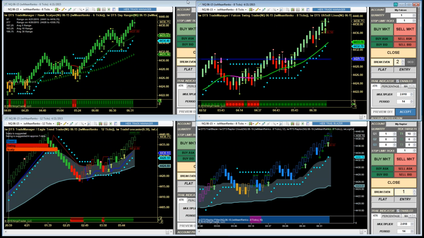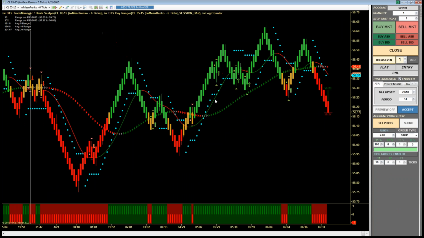Crude oil, a little wishy-washy this morning and also potentially heading lower. Here's crude oil. You can see this is on our Hawk scalper, a lot of yellow bars through here, which tends to give me pause. I try not to trade the market if there's too many yellow bars. And it looks like we may have just violated that lower trend line there.